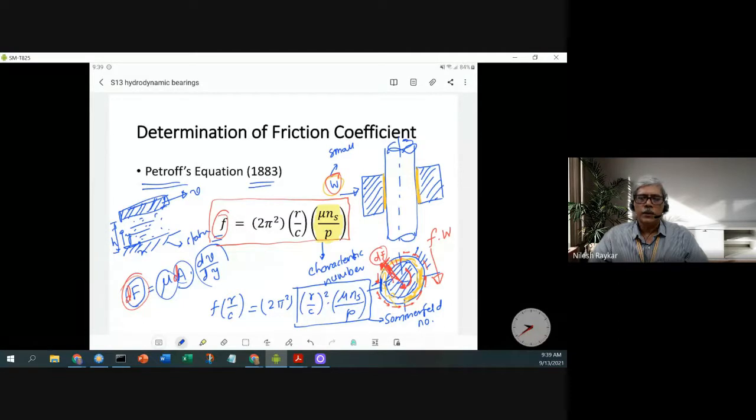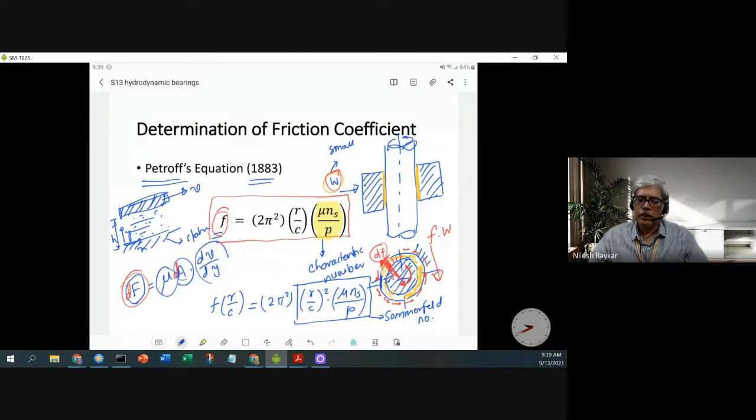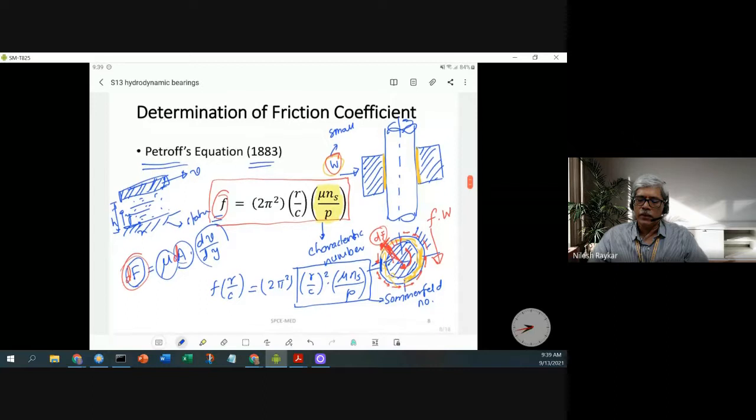Now, why is this parameter important? Look at what all is covered in it. It essentially covers all the design parameters required for establishing the size of a hydrodynamic bearing. So let's see what parameters the Sommerfeld number contains.